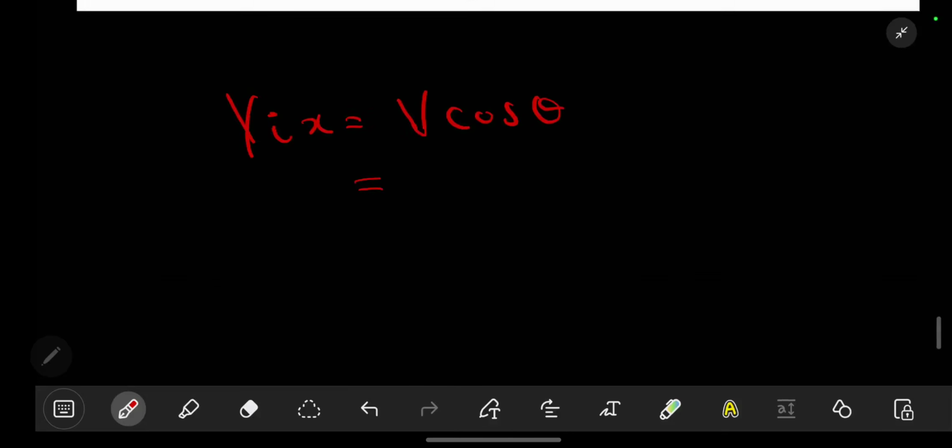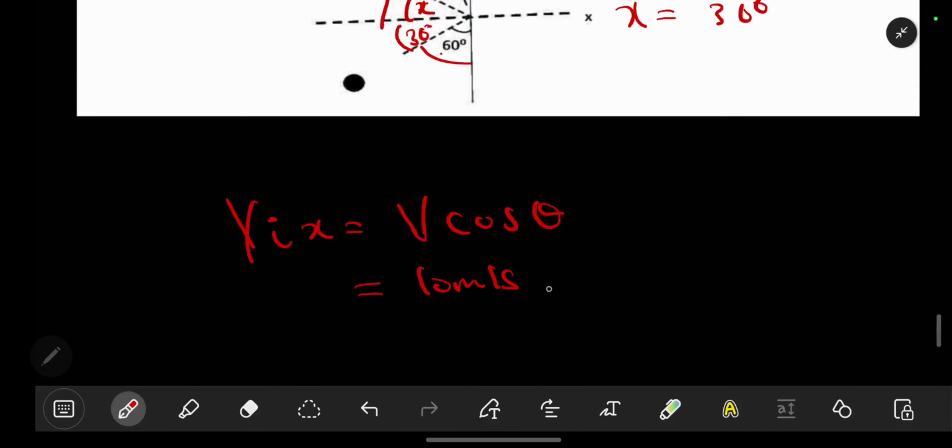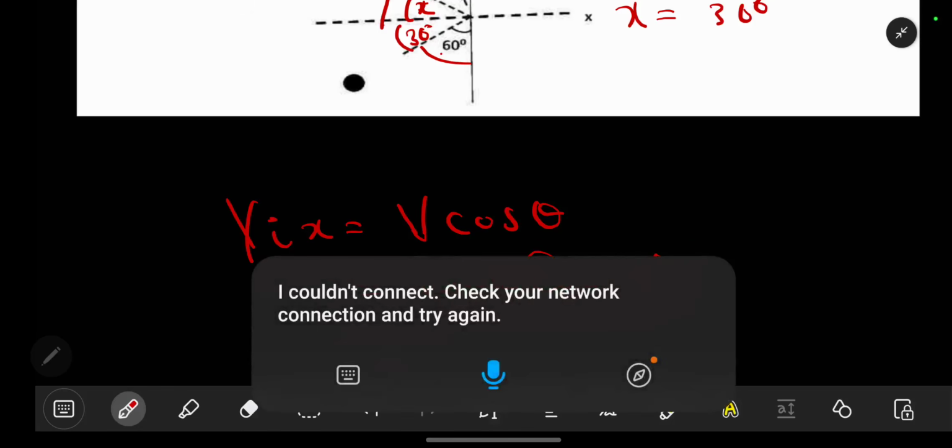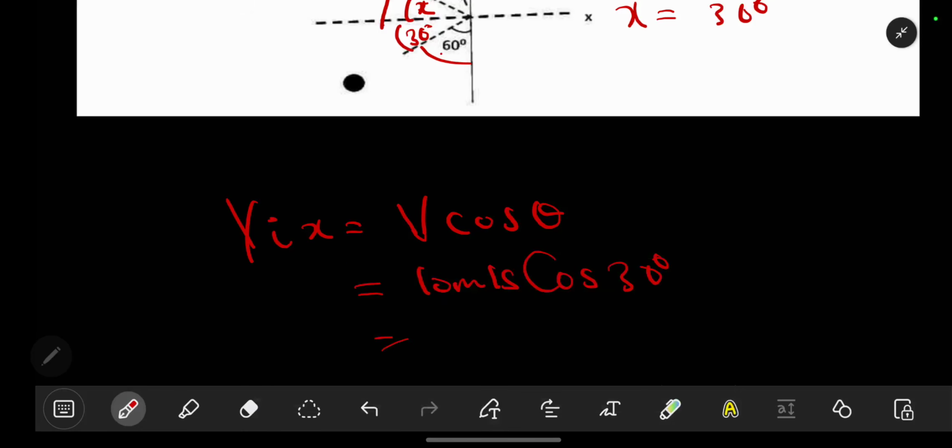Now it is at an angle, so we are going to say 10 meters per second times the cos of the angle, which is 30 degrees. 10 cos of 30 gives us 8.66 meters per second. So this is the initial.